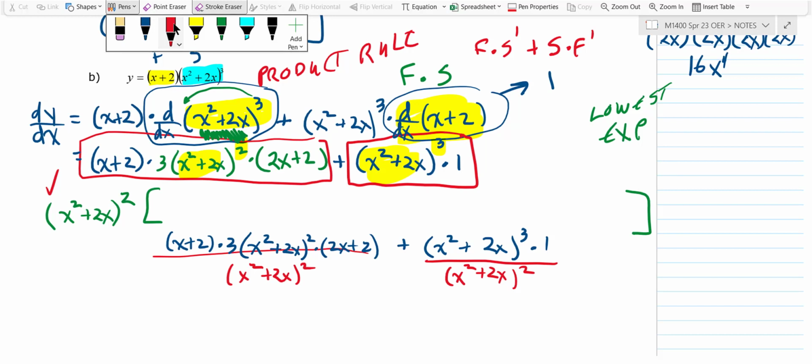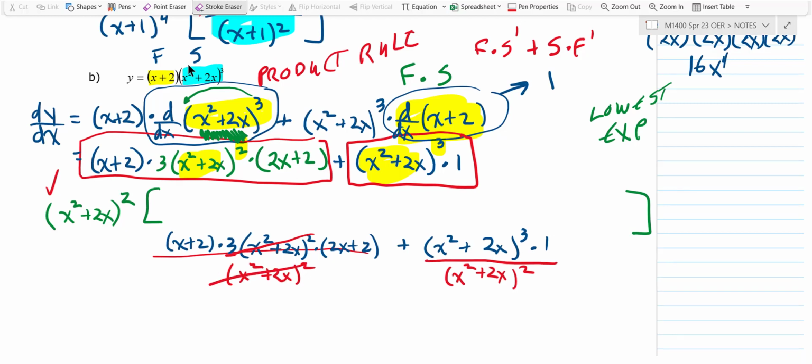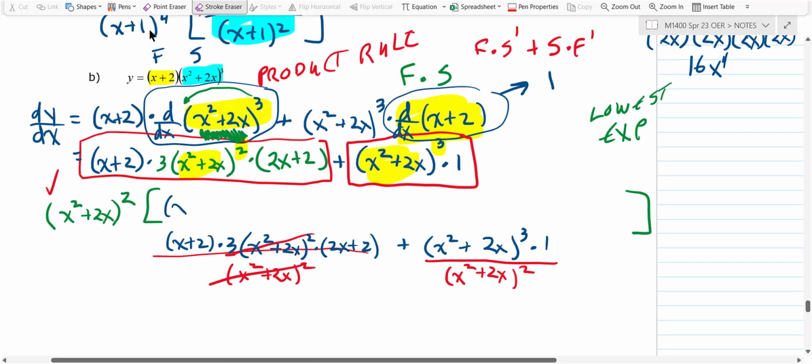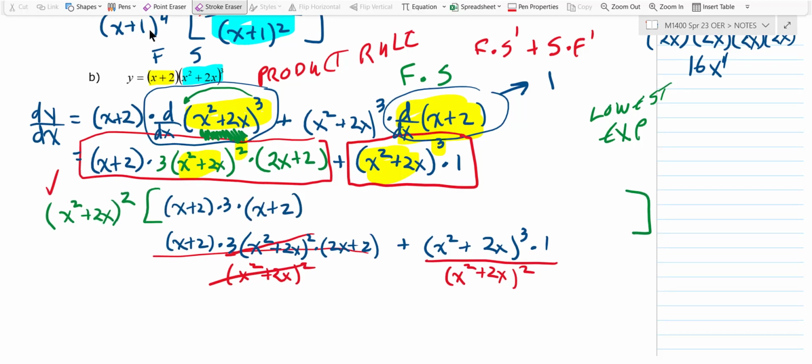Okay, now, if you look at this part right here, look what cancels. That cancels, so just go ahead and cancel that out, and then write what you're left with. Okay, you're left with x plus 2 times 3 times 2x plus 2, like that.